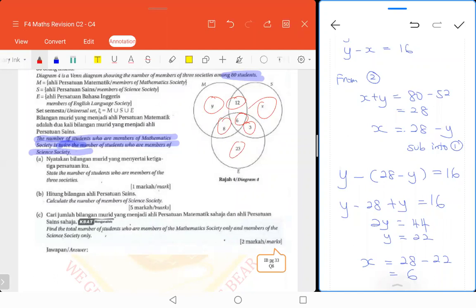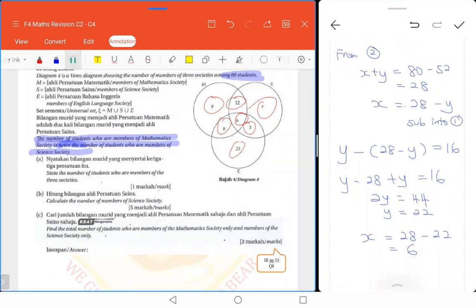Okay. So you have x and y now. The value of x and y, so you substitute in. x is 6, y is 22. Okay. You can answer question B now. Calculate the number of members of the Science Society. Science.